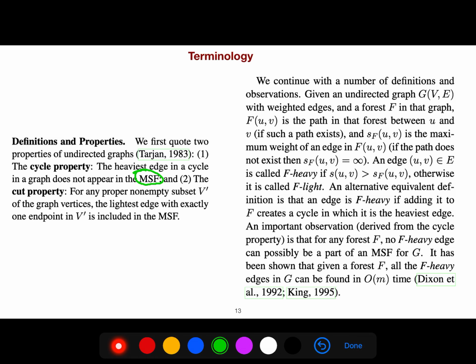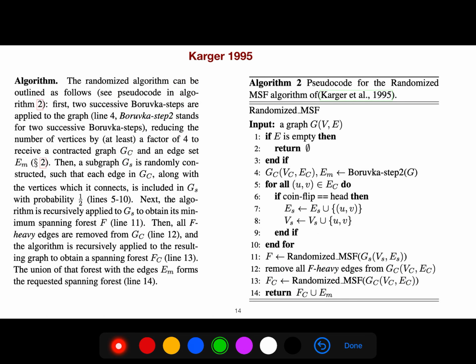F stands for forest, because you have lots of trees. And the cut property: for any proper non-empty subset, the lightest edge with exactly one endpoint in it is included in the maximum spanning forest. So this is the algorithm of Karger that uses the randomized maximum spanning forest. The randomization is here. We flip a coin. If it is heads, then we include the edges and the vertices as well.